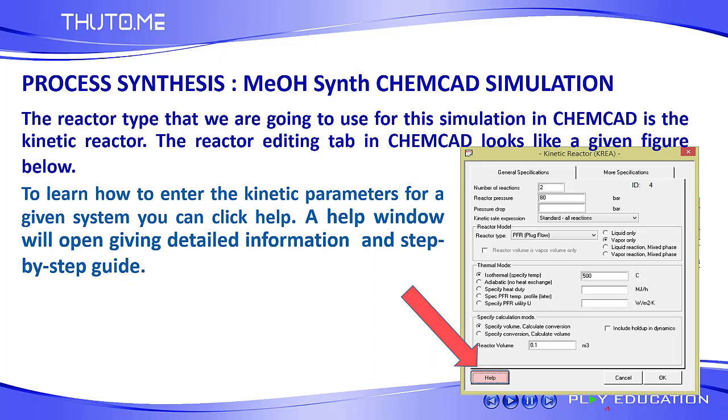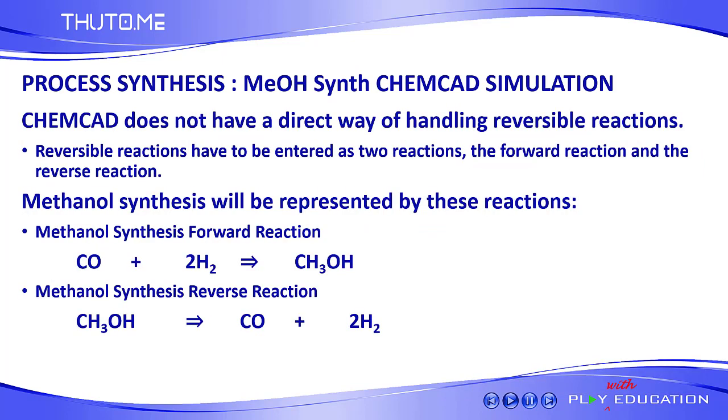I think it's about 4 or 5 pages of details on the kinetic reactor, giving you the units used, everything, a step-by-step guide. Here we are going to give you a summary. If you are in doubt and you need further information, please refer to this document.